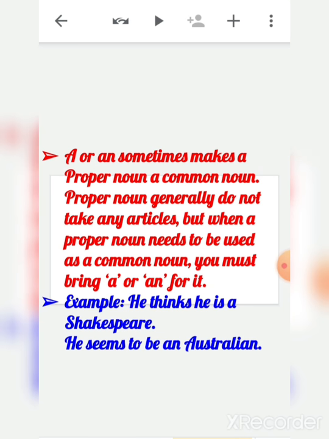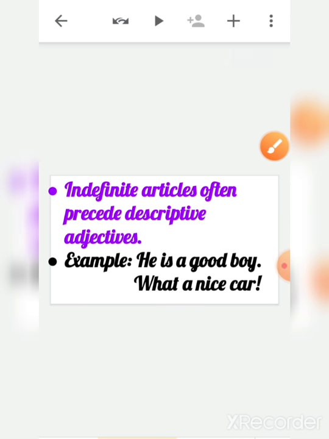And a or an sometimes makes a proper noun into a common noun, and proper nouns generally do not need any articles, but when a proper noun needs to be used as a common noun, you must bring a or an for it. Then indefinite articles often precede descriptive adjectives, that means they are used before adjectives also.